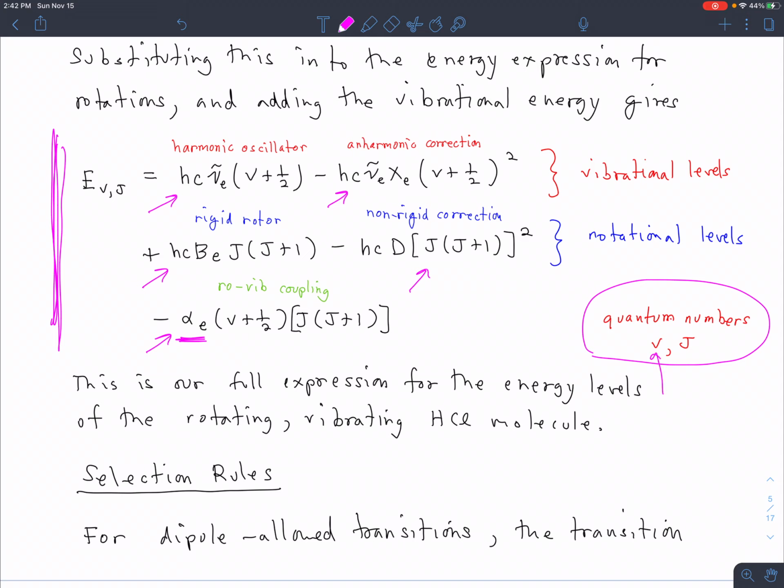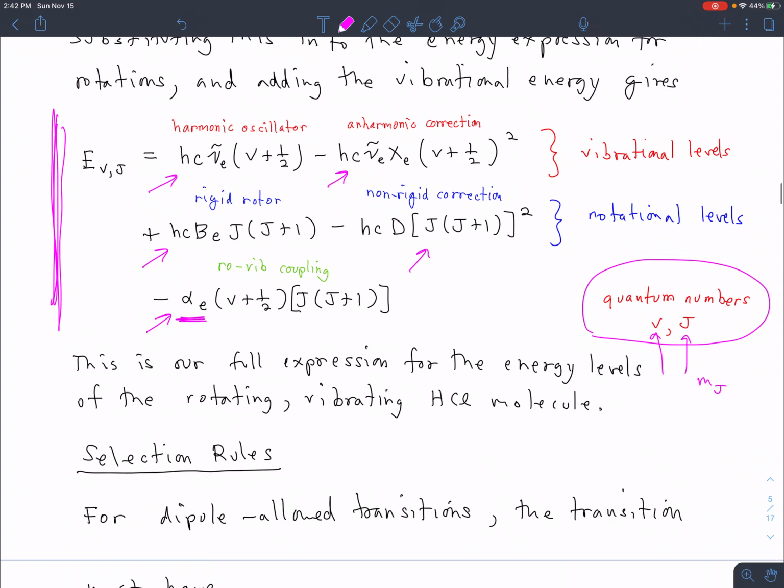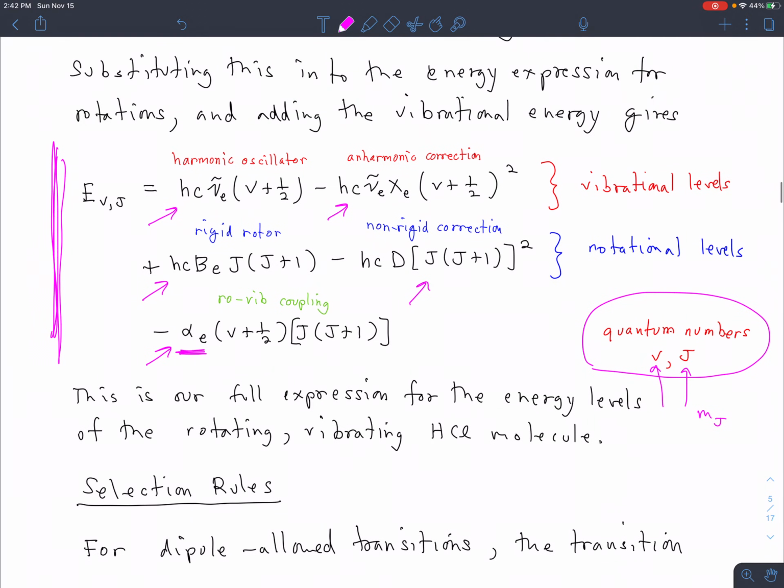One is the vibrational quantum number V, and the other one is the rotational quantum number J. There is also M sub J, and that will come in a little bit at the end, but for the most part, for understanding where the peaks are, at least, it doesn't come in, because it doesn't affect the energy. You can see M sub J doesn't appear anywhere in this energy expression, and that's because all levels with different values of M sub J, but the same value of J, have the same energy.